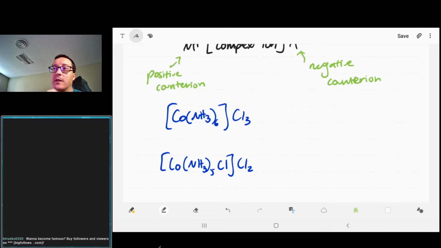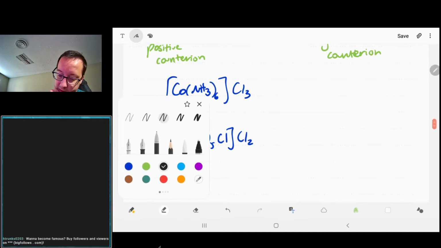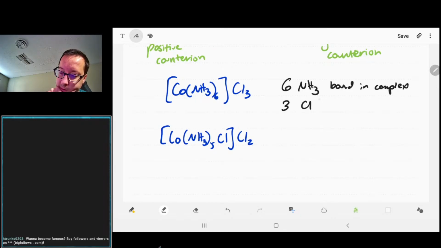In the second one there, we have a complex between cobalt, ammonia, and chlorine. And then we have 2 chlorine counter ions there. So here we have 6 ammonias that are bound in the complex. And then we have 3 chlorine counter ions.